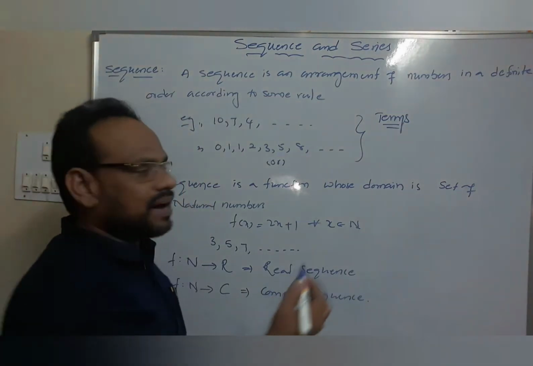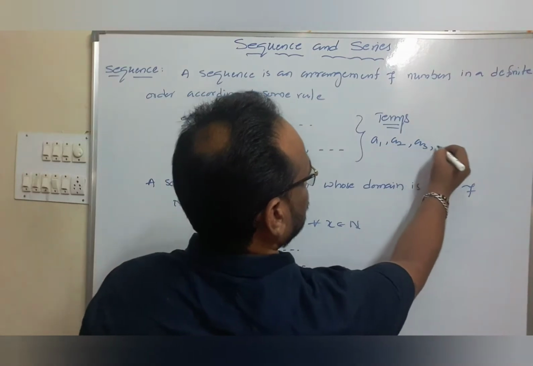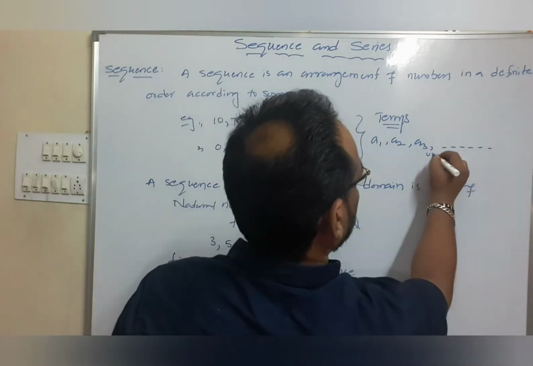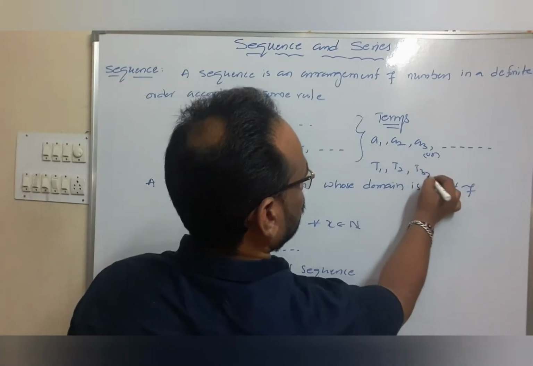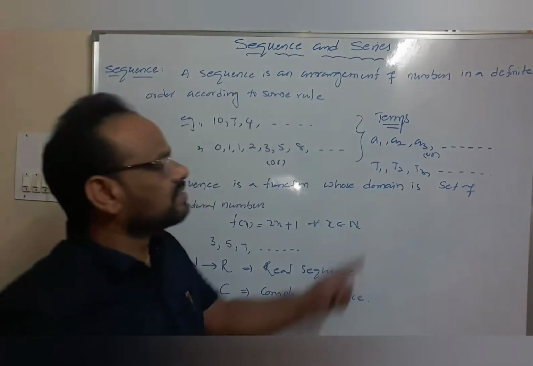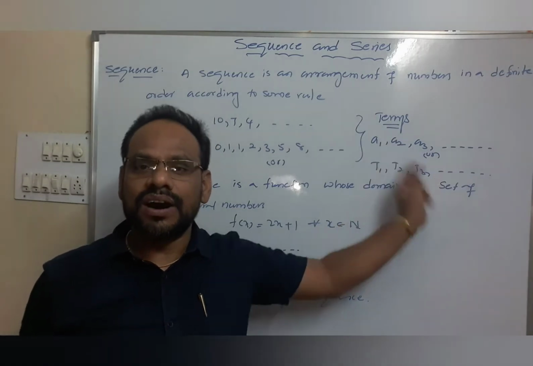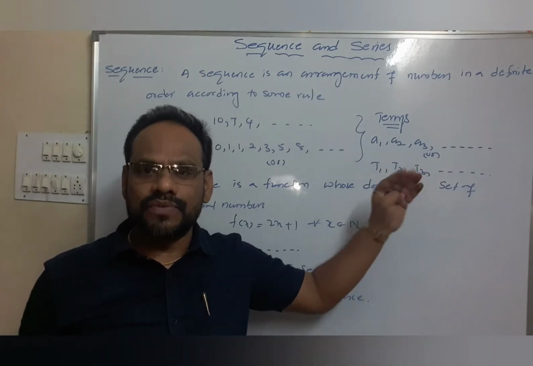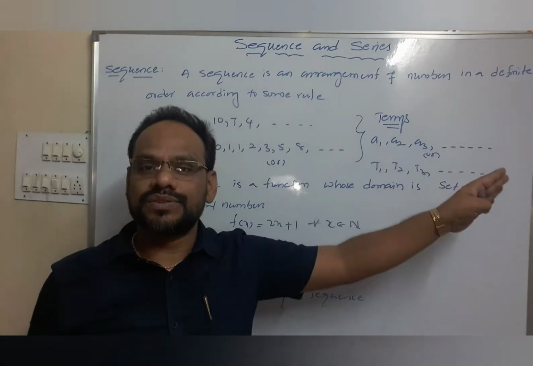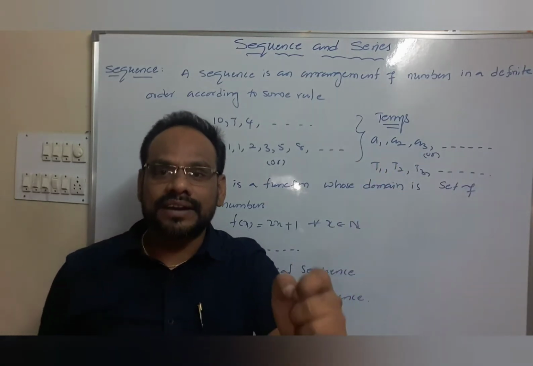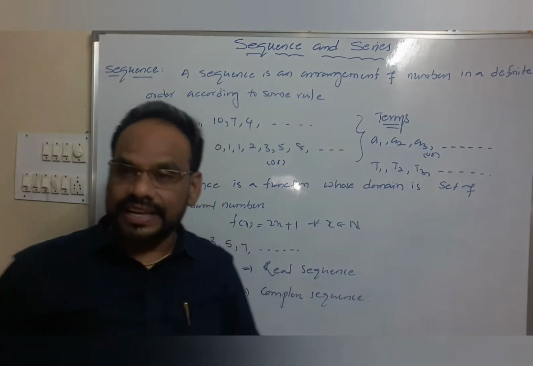Generally, terms are denoted by A1, A2, A3, A4 and so on, or T1, T2, term 1, term 2, term 3, that means T1, T2, T3, T4 and so on. The various numbers occurring in a sequence are called its terms. Okay, next, series.